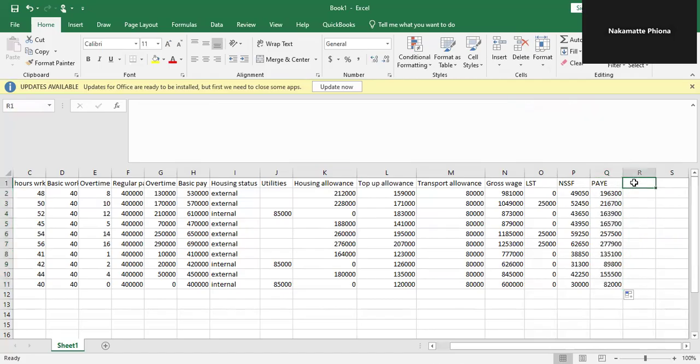Let us add total deductions. Deductions, we have utilities plus the tax plus NSSF plus pay.